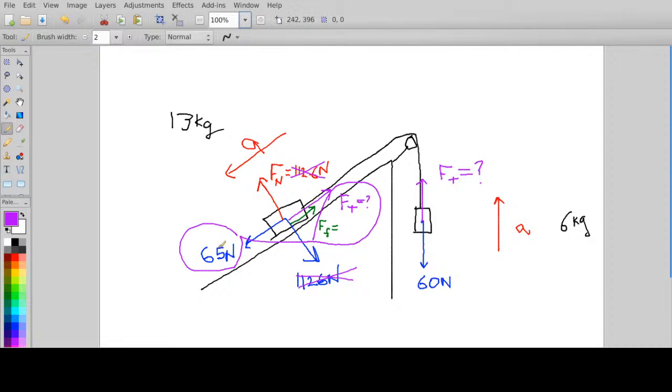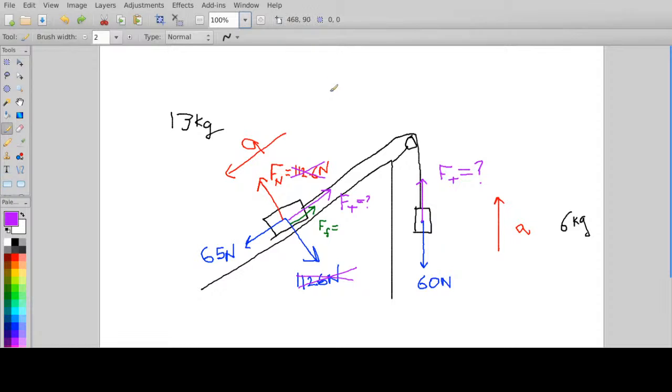So you've got 65 newtons down minus the tension up minus the force of friction up. The 65 will eventually win, and we know that because it's going to be accelerating downhill, but it's still going to be decreased by whatever Ft is and decreased by whatever Ff is.